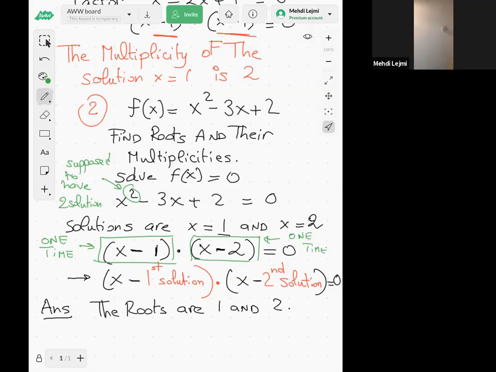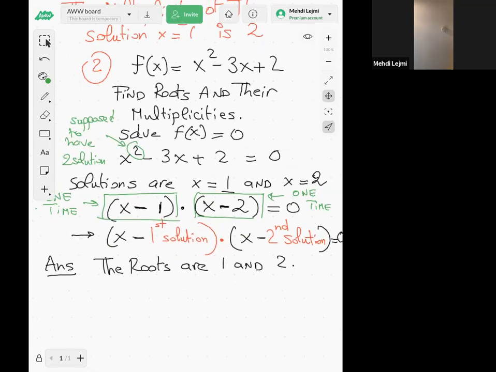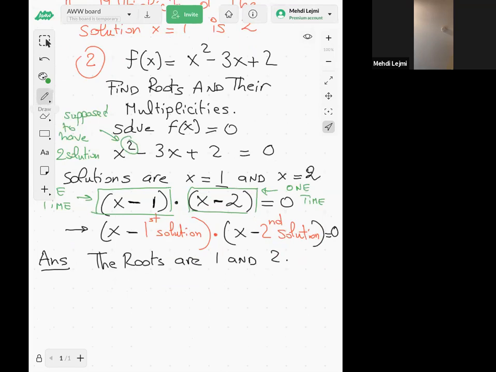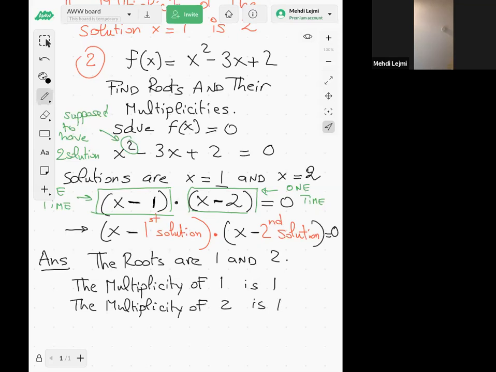So the multiplicity of 1 is 1, because it's a one-time solution. And the multiplicity of 2 is also 1, since it's just a one-time solution.